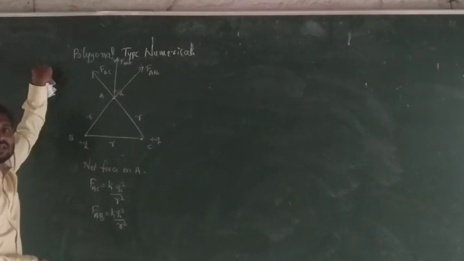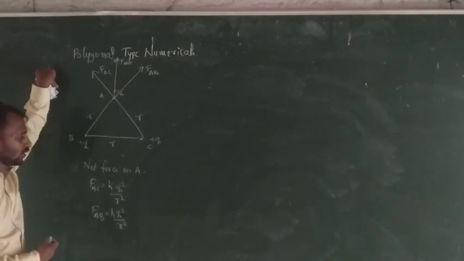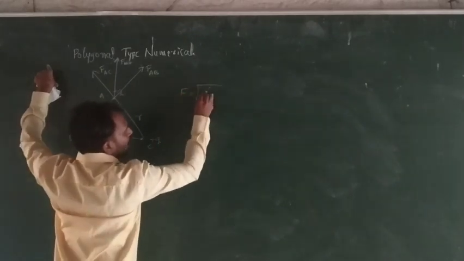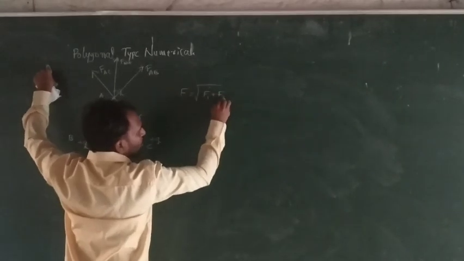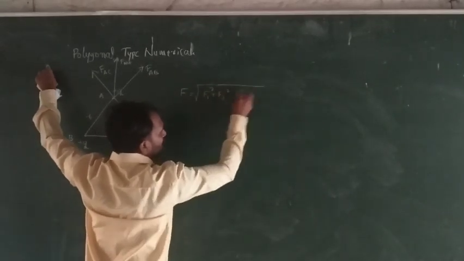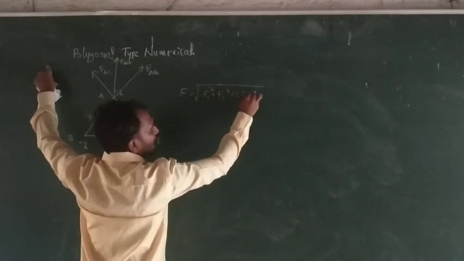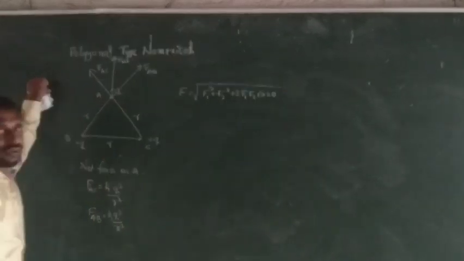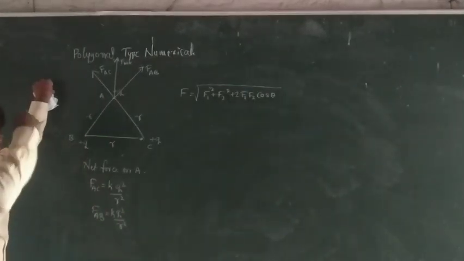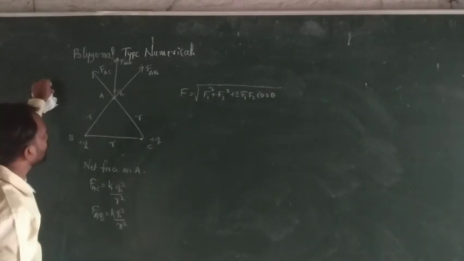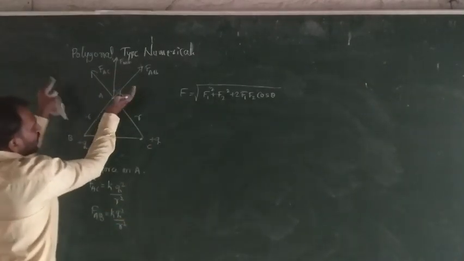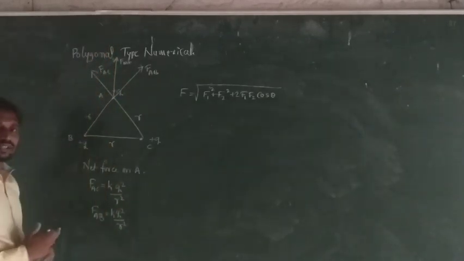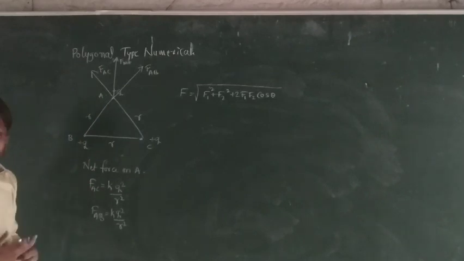By using that law, the resultant force F is equal to the square root of F1 square plus F2 square plus 2 F1 F2 cos theta. This is the resultant force formula, the diagonal formula of a polygonal. Here also, these two forces act in this direction, and the resultant force acts like a diagonal.